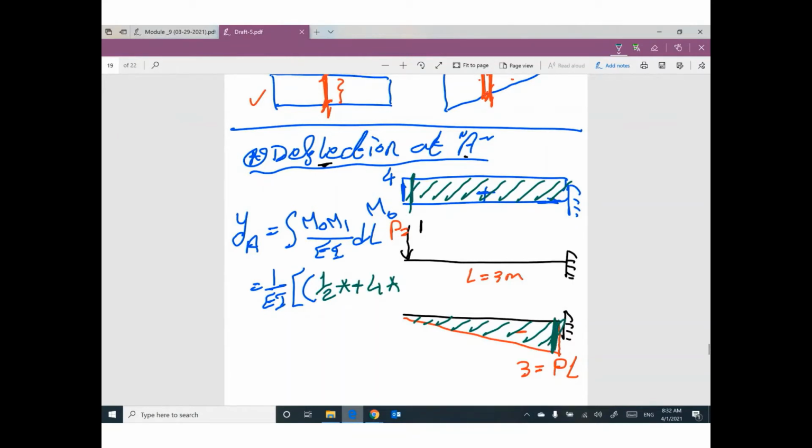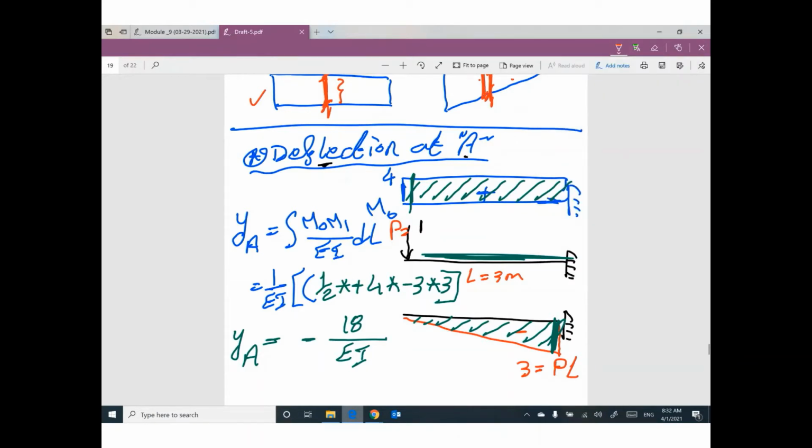This M negative 3. This L 3 meters. So the value will be negative 18 divide EI. Anybody can tell me what is the meaning of negative value of deflection?